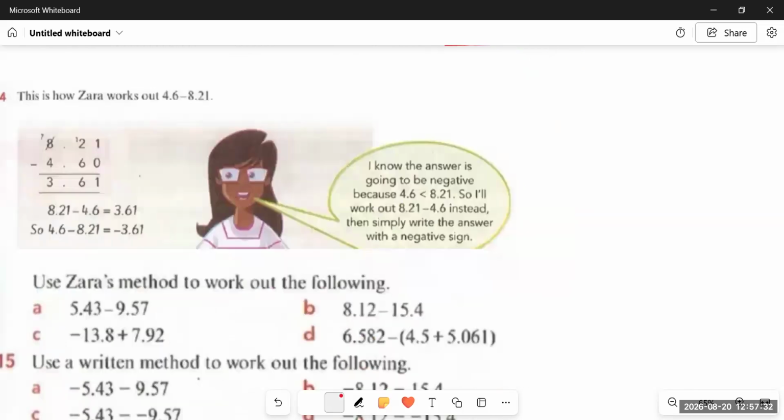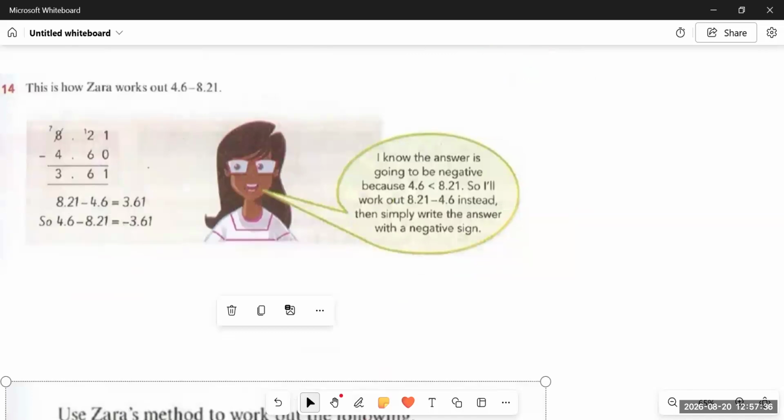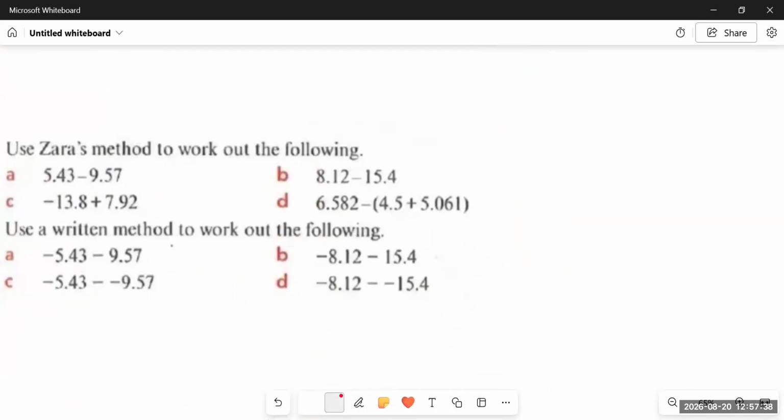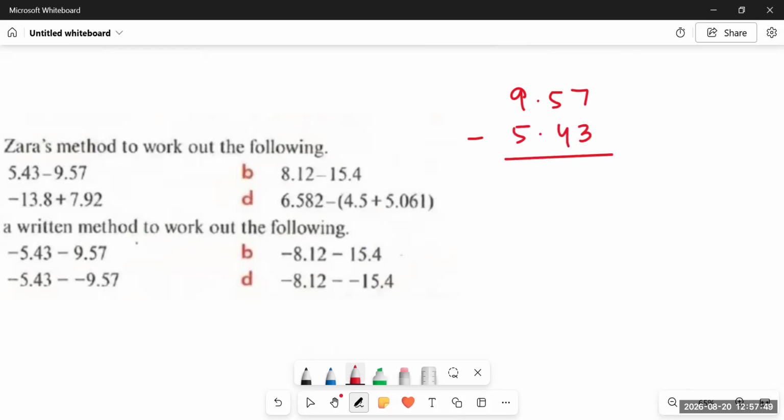Same thing we'll do in the question. Okay, so we have 5.43 minus 9.57. What we'll do is 9.57 minus 5.43, and then we are going to subtract them. So here we are going to get 4.14. The answer will be minus 4.14 because 9.57 is greater and has a negative sign.